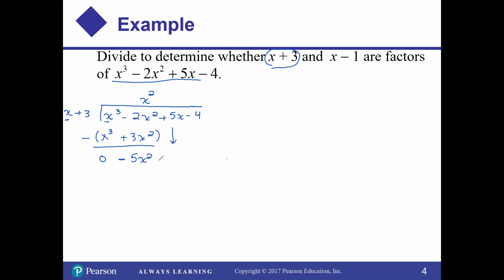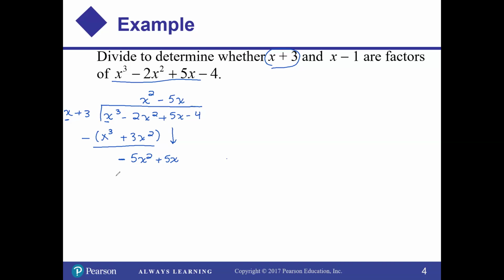Then I bring down the next term. So now what I'm dividing into is the negative 5x squared plus 5x. How many times does x divide into negative 5x squared? Well, that will leave me with a negative 5x.